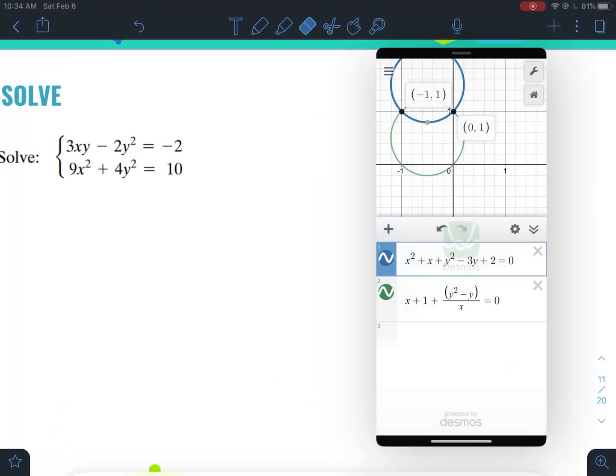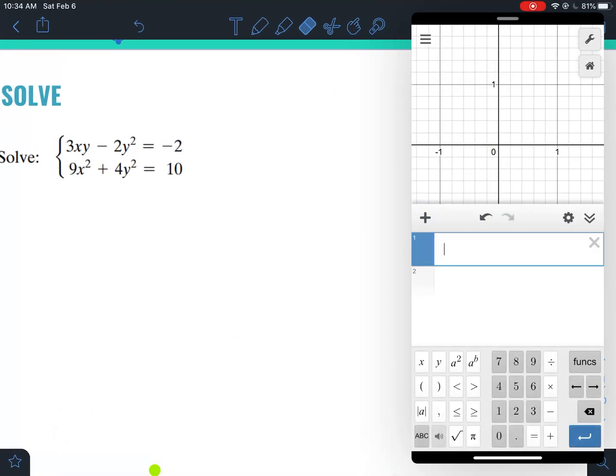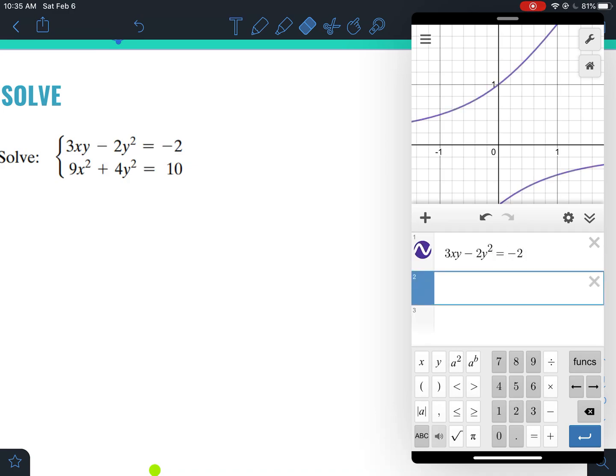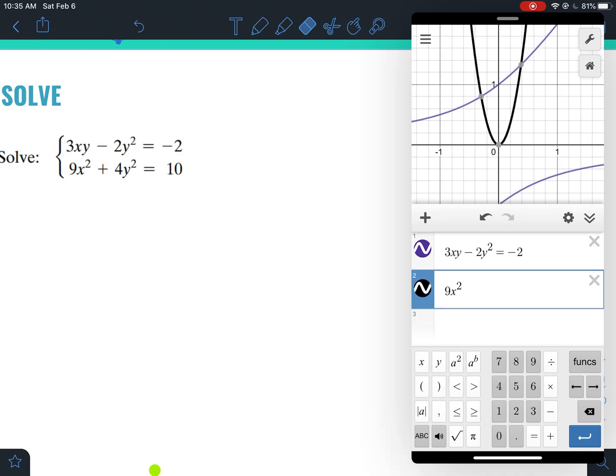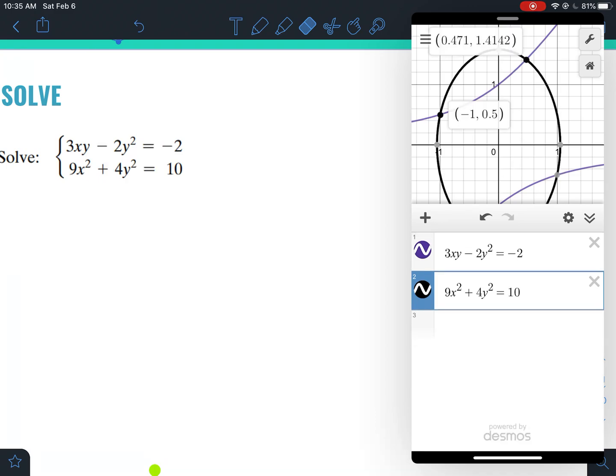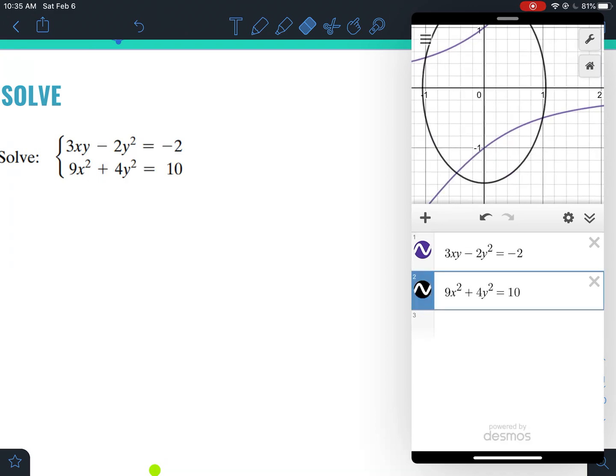So if we were to solve this by graphing, we would have 3xy minus 2y squared equals negative 2. And we have 9x squared plus 4y squared equals 10. And so these would have 4 solutions.